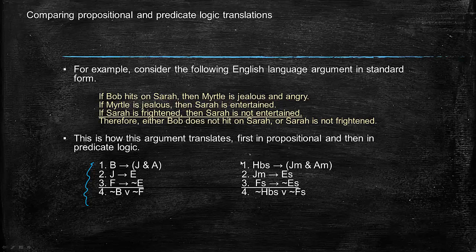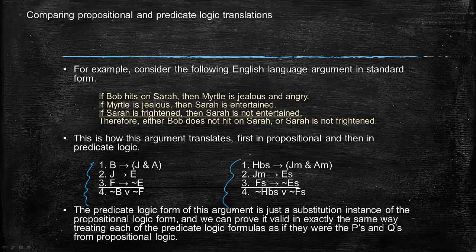Okay, so you have the ability to do both of these now. And what's interesting is that since we can prove this, right, you would have no trouble proving this, you would also have no trouble proving this. And that's because this formulation in predicate logic is actually a substitution instance of the argument in propositional logic.